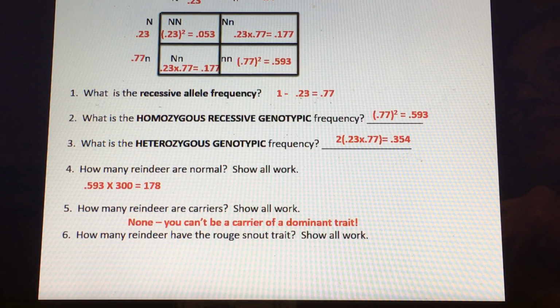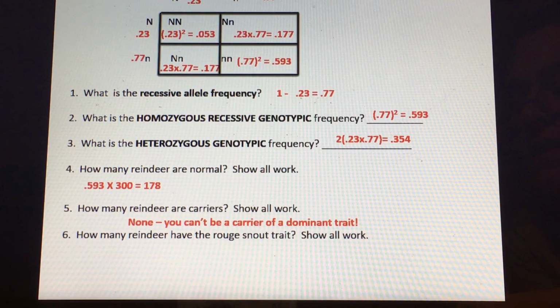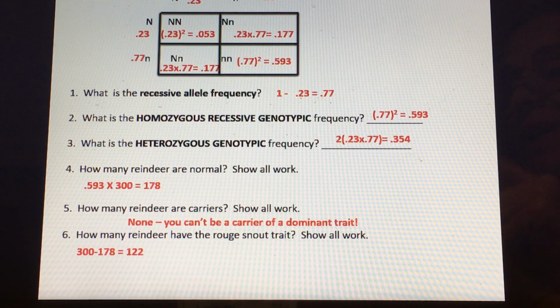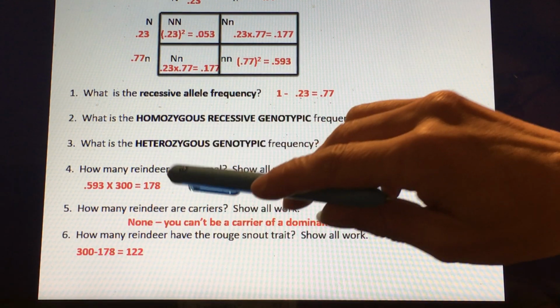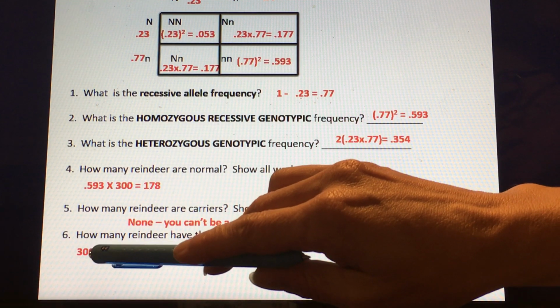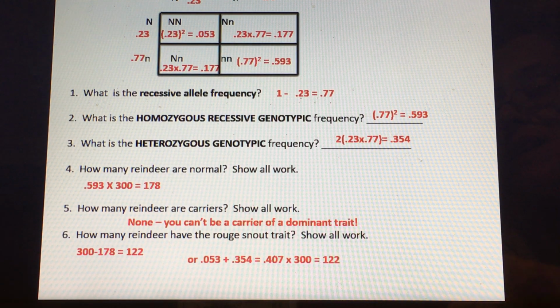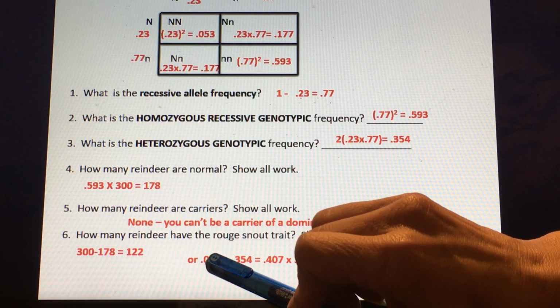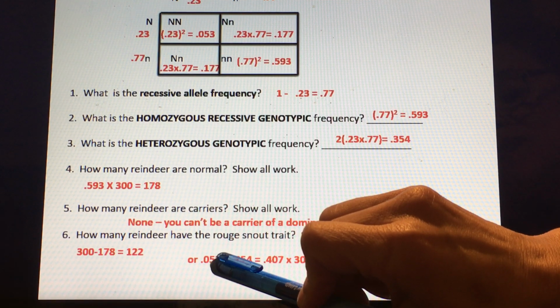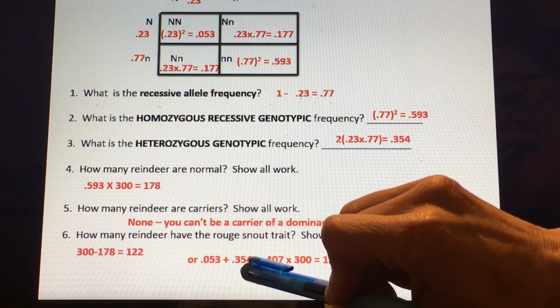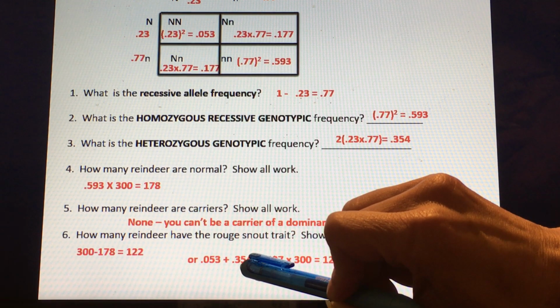And then the next question says, how many reindeer have the rouge snout trait? And so it would either be 300 minus 178, because we figured out how many were normal and we know the total population. Or another mathematical way to do this would be to take the homozygous dominant genotypic frequency and add it to the heterozygous genotypic frequency.